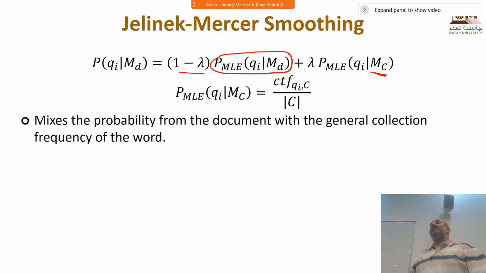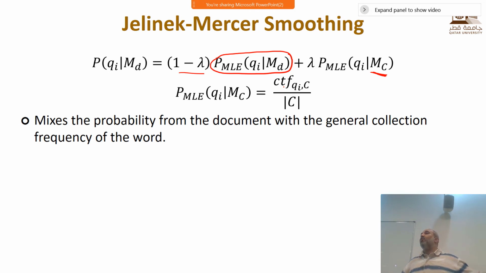What do you mean by the model of the collection? It's like we put all documents of the collection in one document and then estimate the language model, exactly like we did for the document. That means the maximum likelihood estimate of the query term given the collection model will be based on the collection frequency, the total of the term frequencies in all documents.